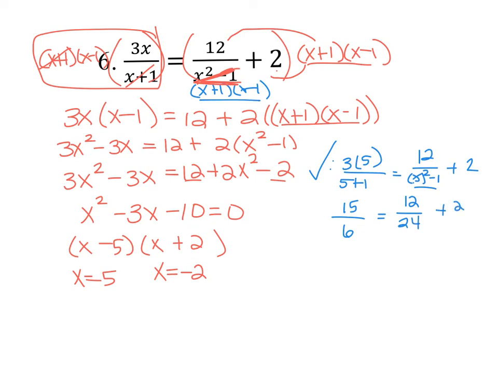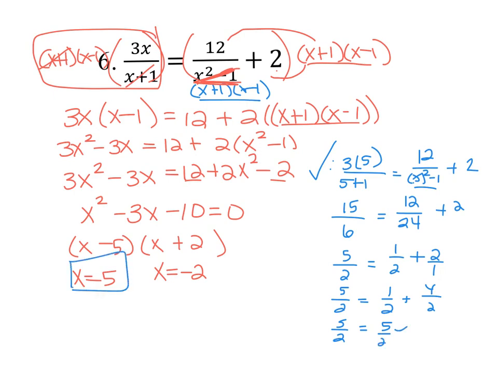So 15 over 6 simplifies to 5 over 2. So now I have 1/2 plus 2. So that's going to become 4 over 2. So 5 over 2 equals 5 over 2. So that works.